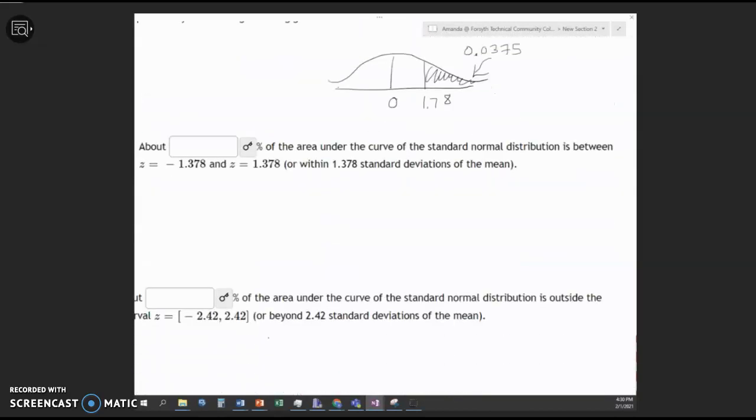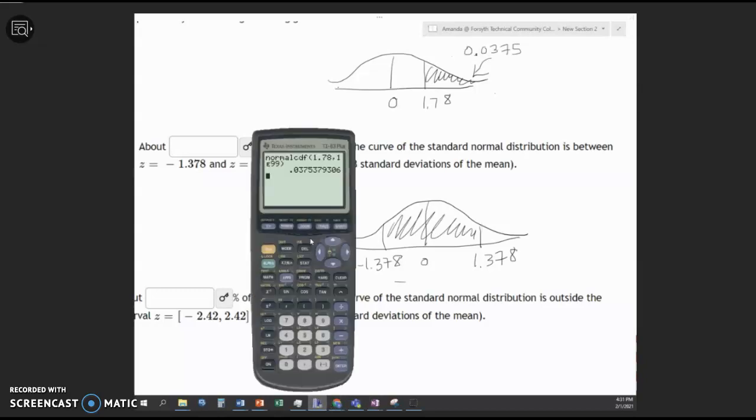All right, the next question is a between question. So we know we're going to shade the middle section on this one. I'll draw my picture as always. Here's my 0. I'm looking between negative 1.378 and positive 1.378. And it's saying, what's the area under the curve between these two values? I will clear that out. Again, normal CDF.